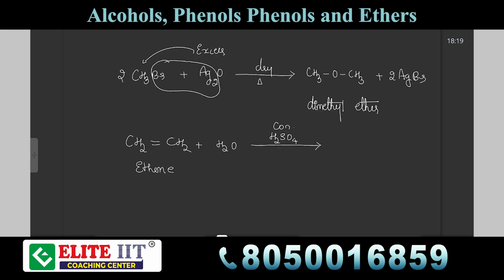In presence of sulfuric acid, water will ionize as H+ and OH-. Since we have a symmetrical carbon atom, OH can be added anywhere. We will get here CH3-CH2OH, which we call ethanol.